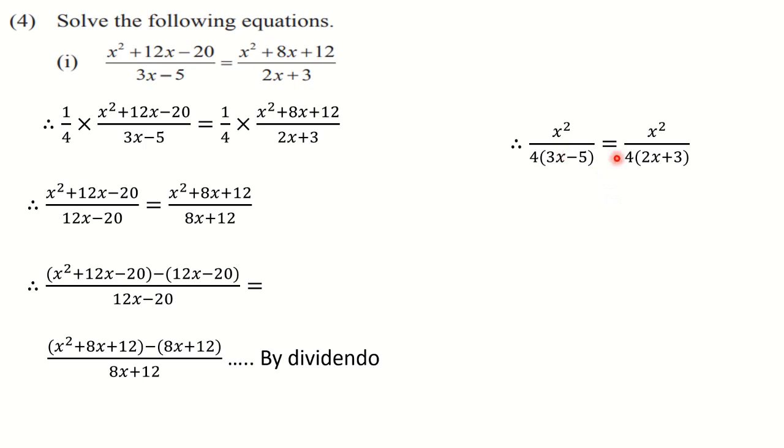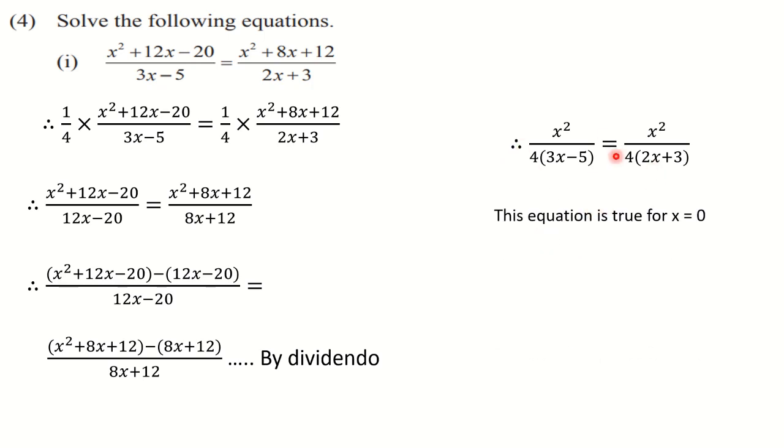You can cancel x square also, but before that we have to think of the values of x. So if we take x equal to 0, then you will get 0 divided by anything is 0, and 0 divided by anything. So LHS becomes equal to RHS, which is 0. So x equal to 0 is going to be one solution here.